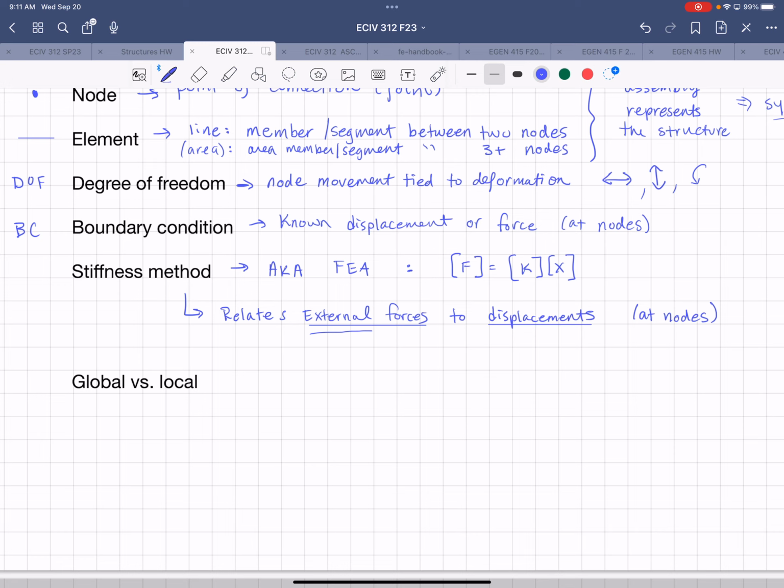Once we have solved for all the external forces using the finite element method, then we can go back and use that information to solve for any internal force that we're interested in at any point along the length of that structure. But for the duration of the finite element solution from beginning to end, we are only concerned with external forces at nodes, all right?